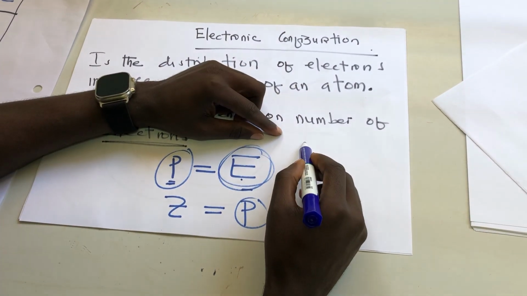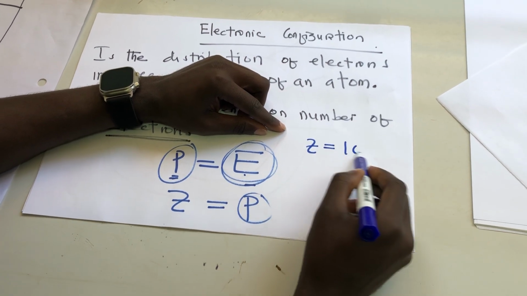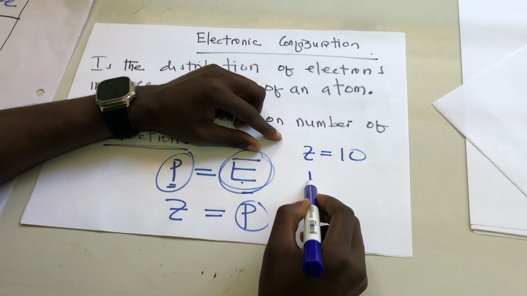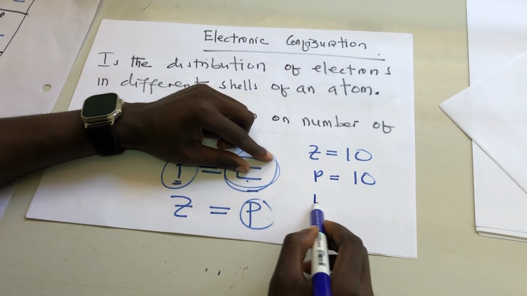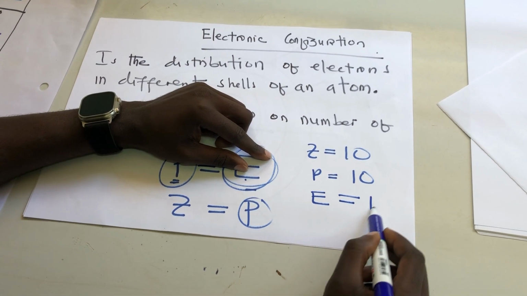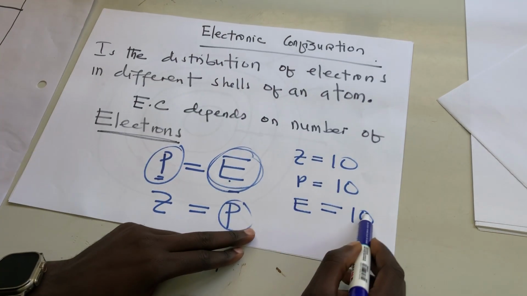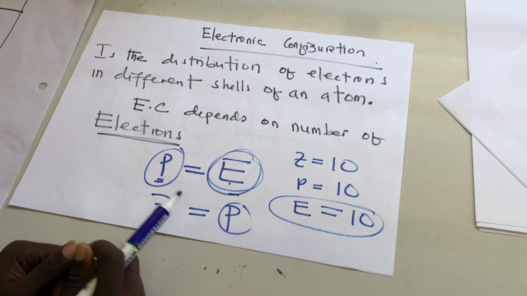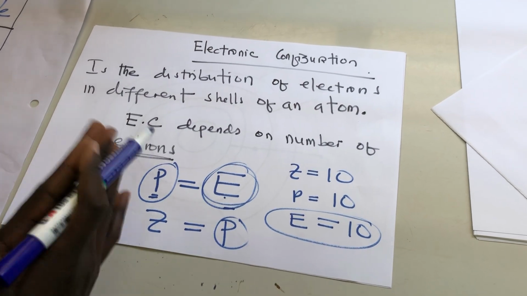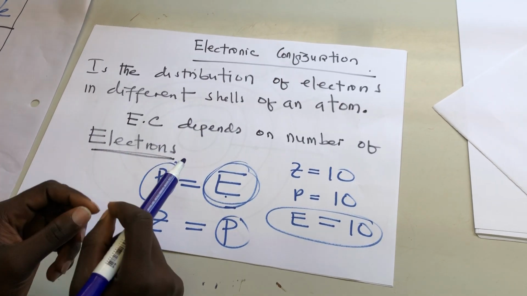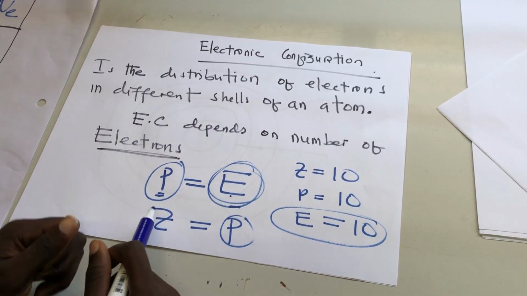Mfano ukipata atomic number ni 10, so pia proton number itakuwa ni sawasawa na 10. The same for a neutral atom, pia electrons number zitakuwa ni 10. So ukishapata number of electrons itakuwa ni rahisi kuweza kudraw electronic configuration. So guys, electronic configuration depends on number of electrons.